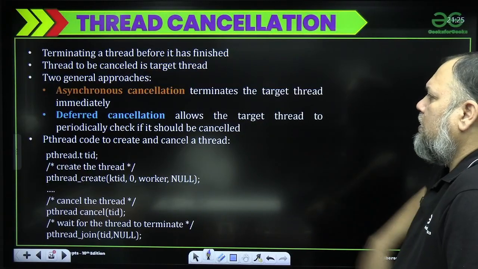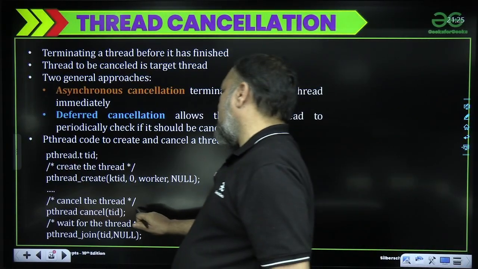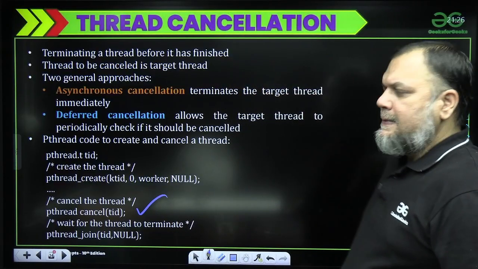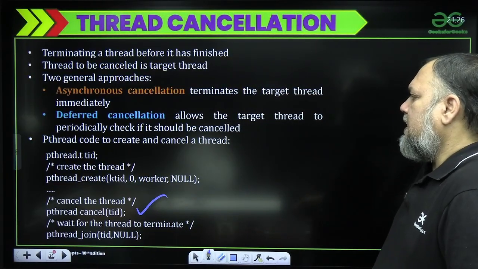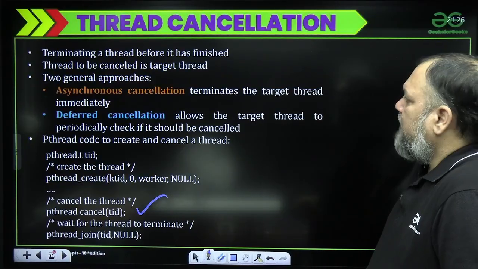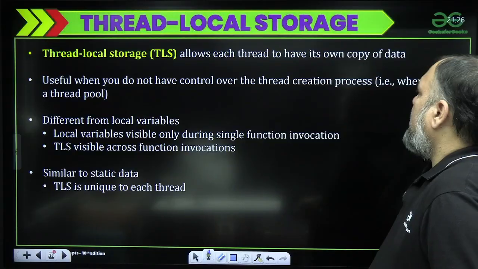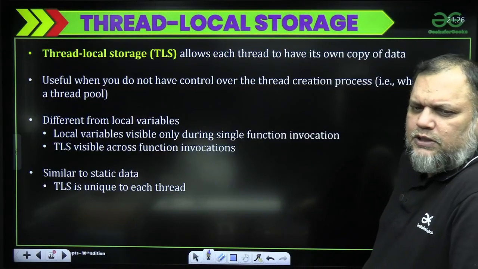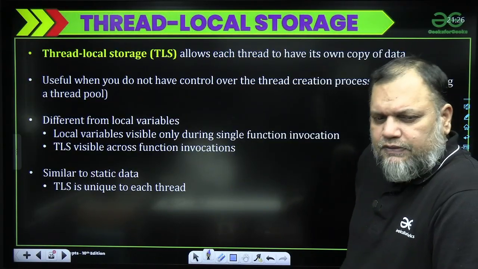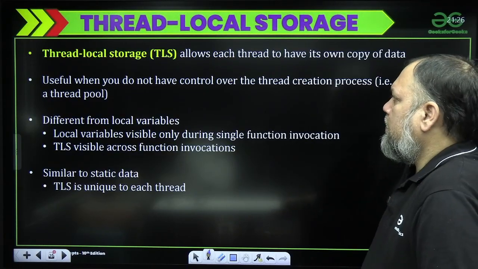So this is code to create and cancel a thread. The library call used for cancelling a thread is pthread_cancel. pthread_create will create the thread and then cancel it, and then join waits for the cancelled thread to terminate. And there is another thing called thread local storage, which allows each thread to have its own copy of data. Suppose you want some specific data to be used specifically by a thread; that is called thread local storage.